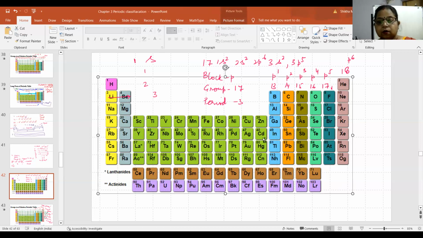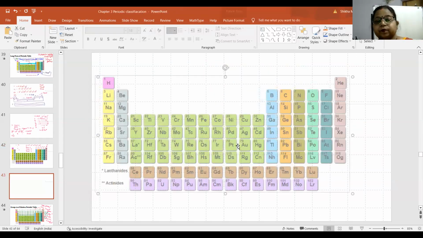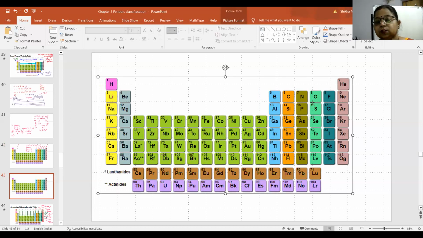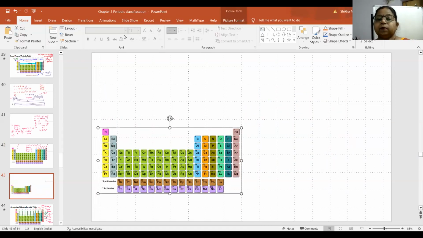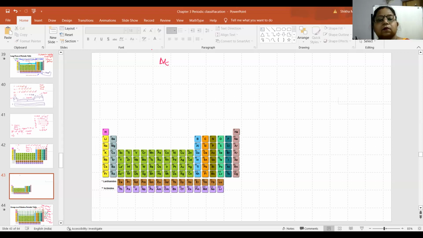Now, coming to atomic number 63. Not 63, before that, atomic number 23. The purpose of choosing the numbers smartly was that one is S block, another is P block, another is D block, and the last is F block.